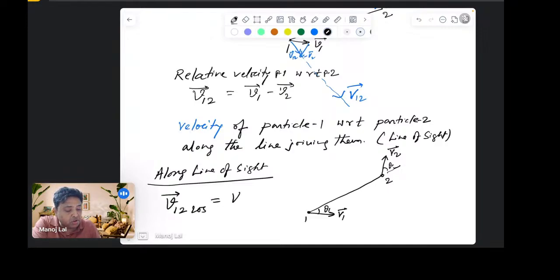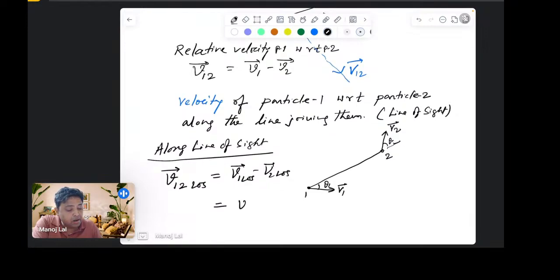I can say it is the velocity of 1 along the line of sight minus the velocity of 2 along the line of sight. And this is nothing but v1 cos theta 1 minus v2 cos theta 2.